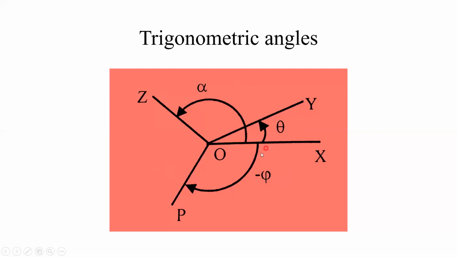Since angle XOP is formed by clockwise rotation, this is a negative angle. But in geometry, no negative angles are found. In trigonometry, both positive and negative angles are formed. I think all of you understand positive angle and negative angle.